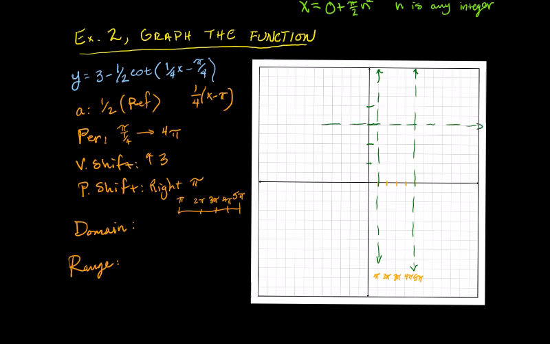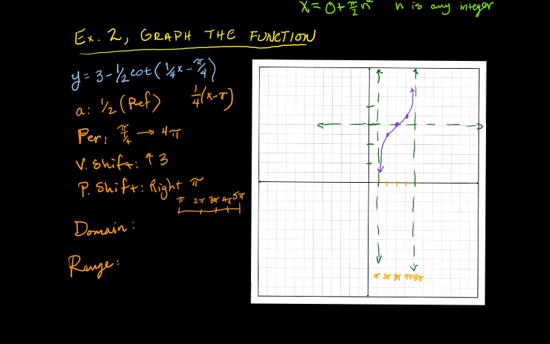There's my vertical shift. Okay, and then we're going to put our point in the middle. It's cotangent, so normally you go up the amplitude to the left and down to the right, but since it's reflected, we'll go down to the left and up to the right, and I'm only going 1/2. And there's our graph.